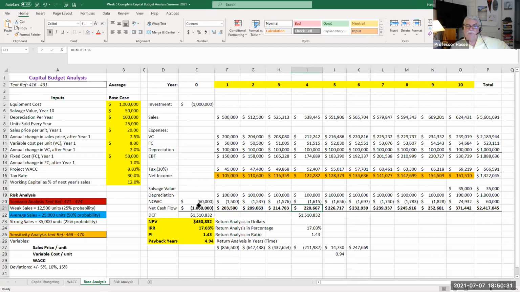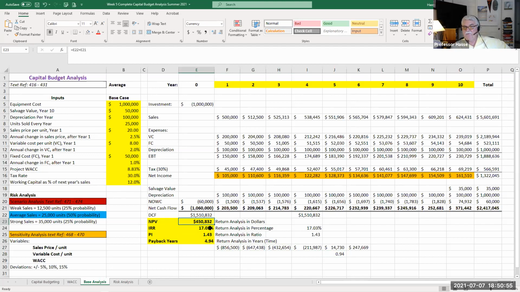When do we recoup our $1,060,000? 1, 2, 3, 4.94 years. A little bit under 5 years payback to get our $1,060,000 back over the course of this project, which is good. You want to generate a profit in dollars.